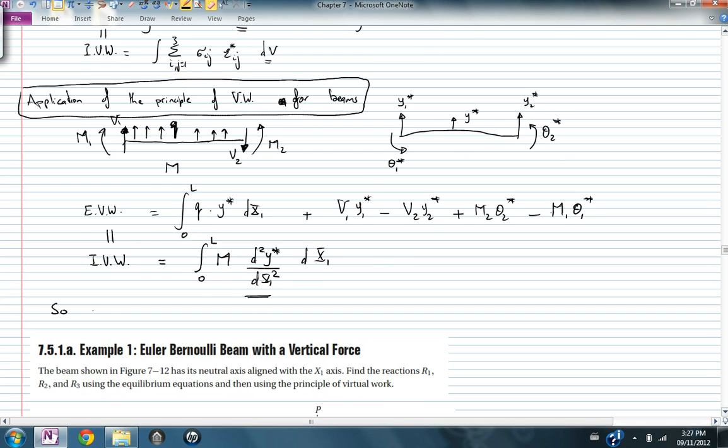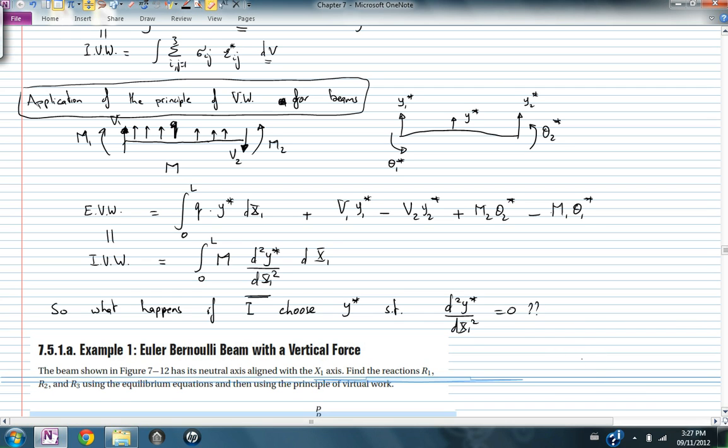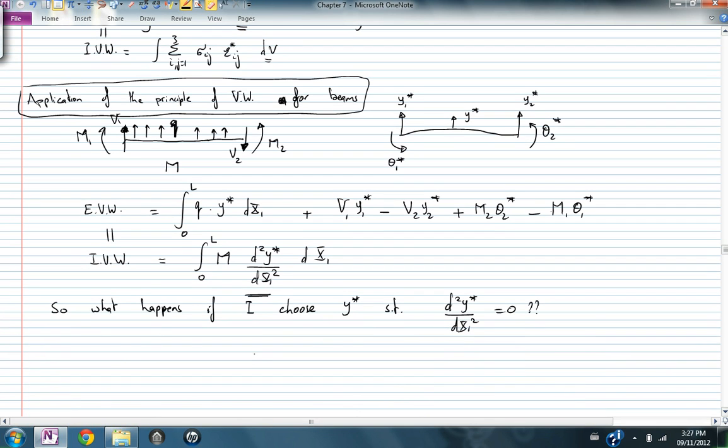So what happens if I choose y star such that the second derivative of y star is equal to 0? Well, then you end up with the equation that states that the external virtual work will be equal to 0.